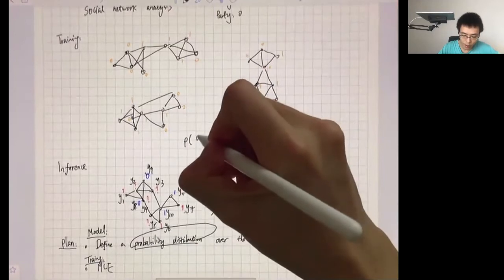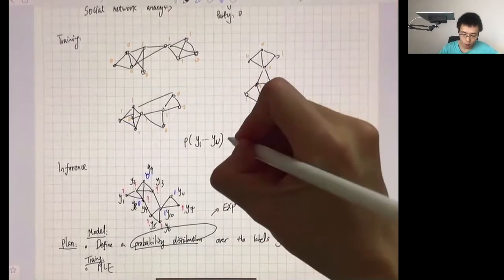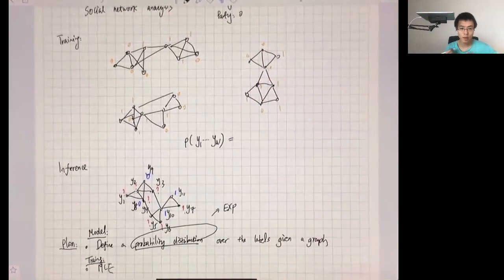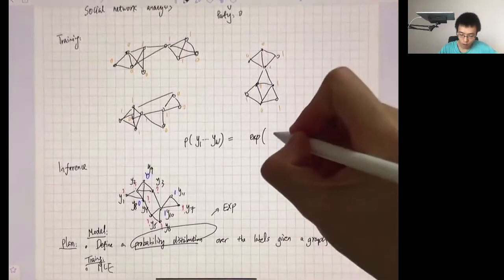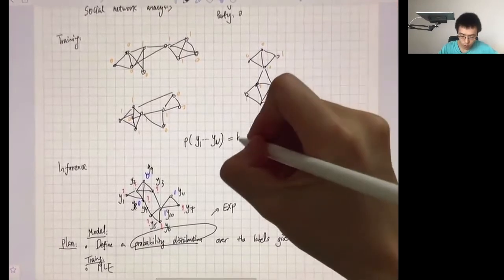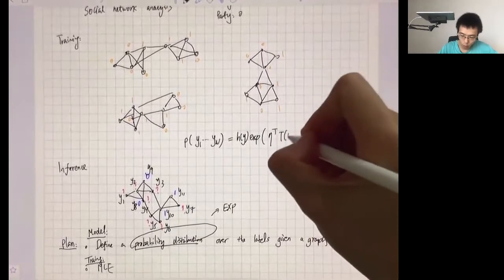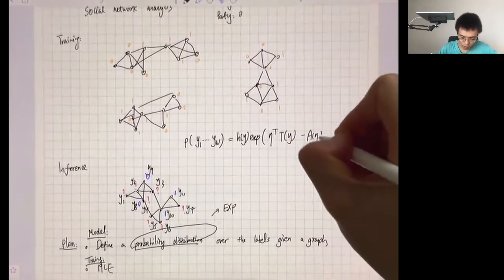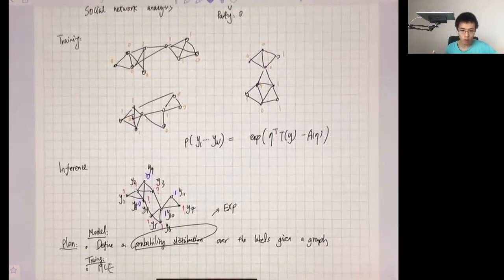Suppose I have n nodes, y1 up to yn. The probability of these nodes, given some parameters eta, is h of y times the exponential of eta transpose t of y minus A of eta. And I would set h of y equals 1. This is my design choice. I don't have to say what is more likely for y.